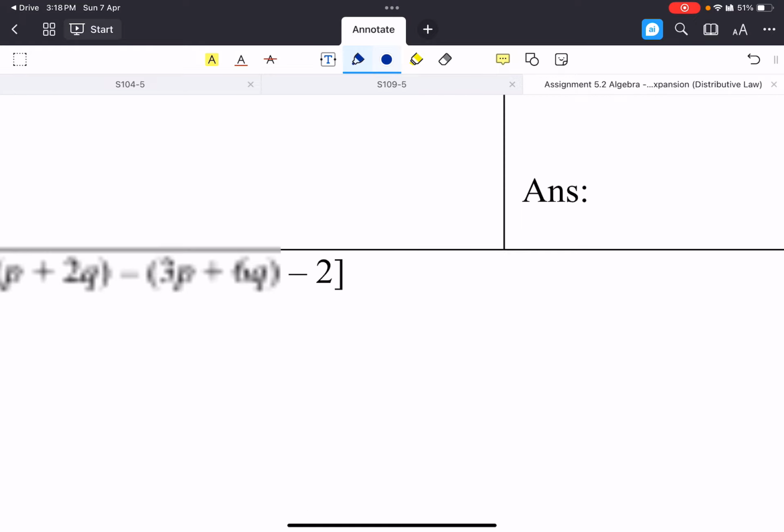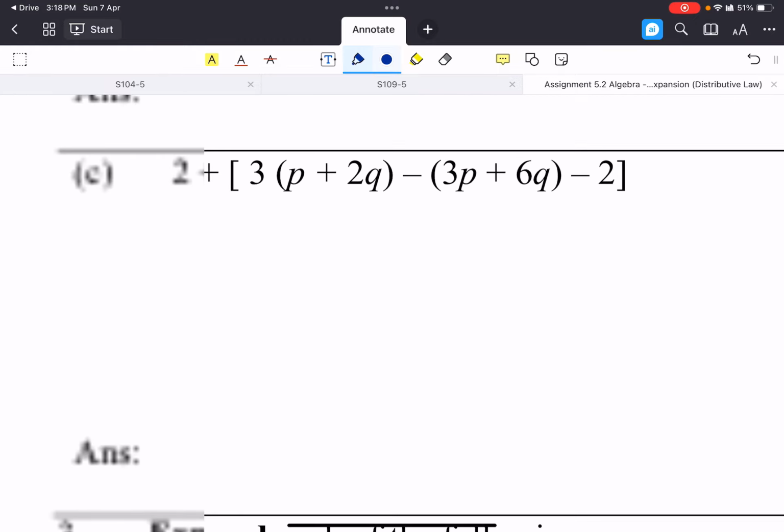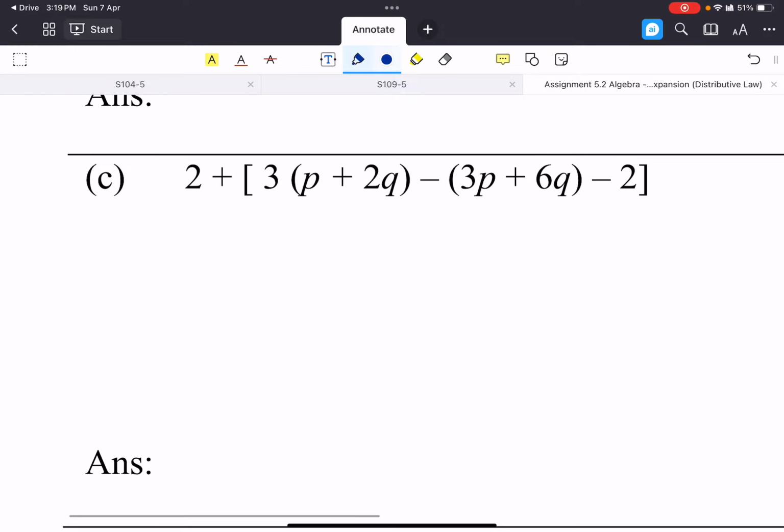Okay, next example. So here we have nested brackets. Well, same idea. All right, so here you go. We have 2 plus, right? So we distribute the 3 in, there is 3p plus 6q. And we distribute the negative 1 in.